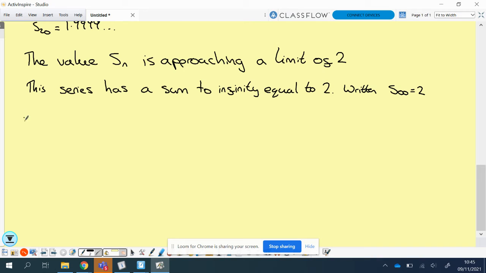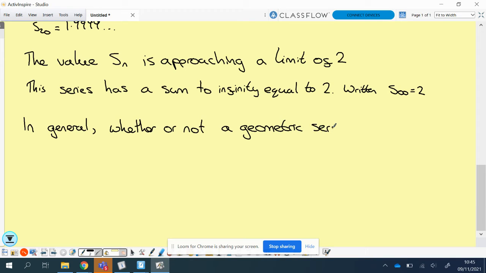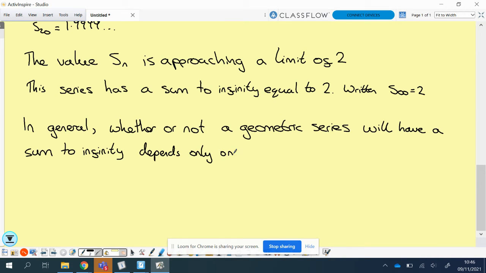Okay, so in general, whether or not a geometric series will have a sum to infinity depends only on the value of r, the ratio. That's what it depends on.